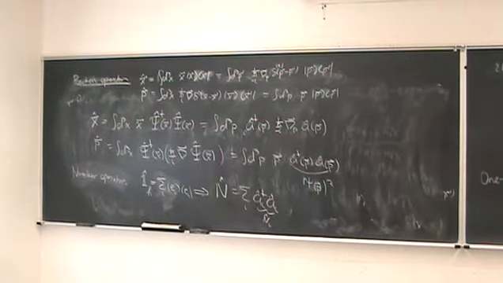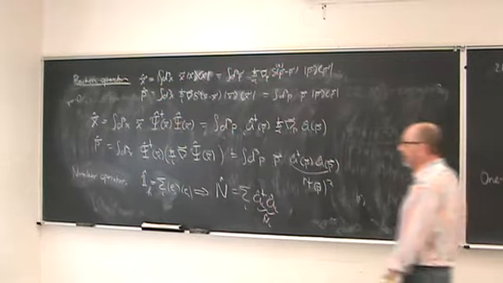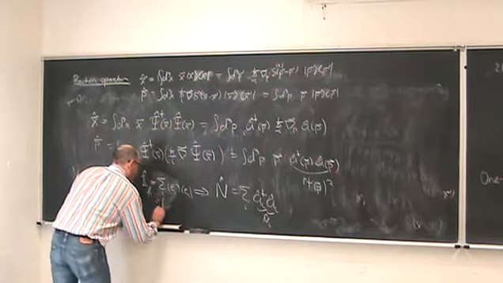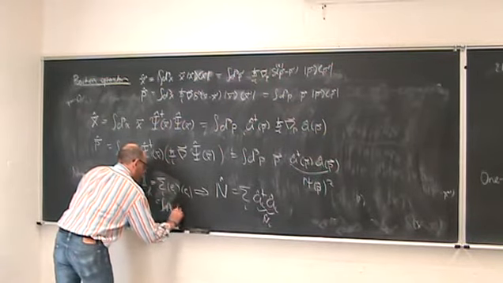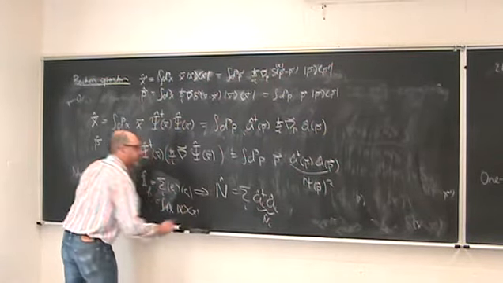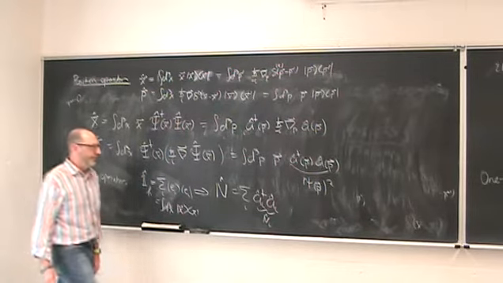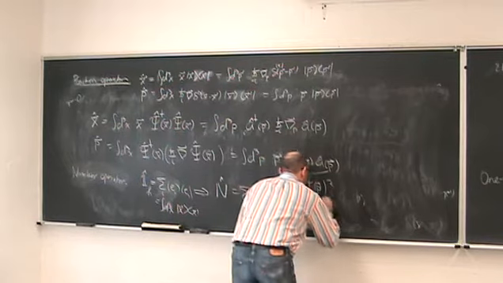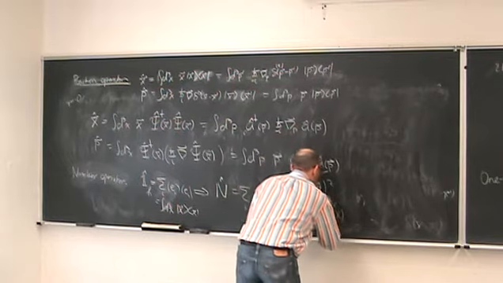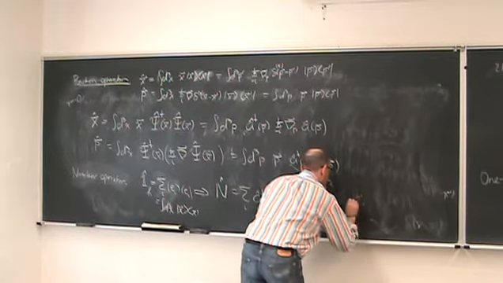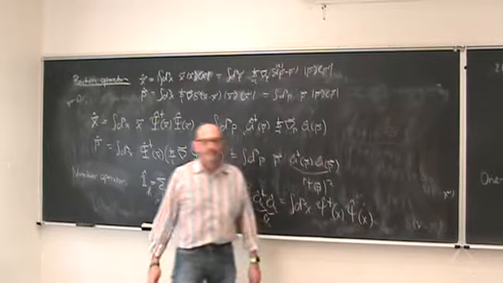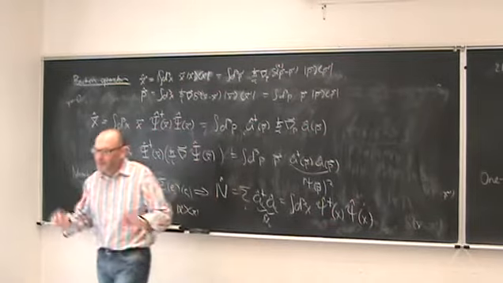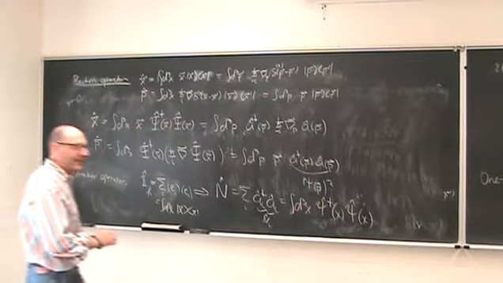Or I could just say, well, a resolution of the identity with respect to position is this, right? So this becomes an integral over all space of psi dagger psi. Again, if these were wave functions, this would be 1 if this was normalized. But this is now the number operator.